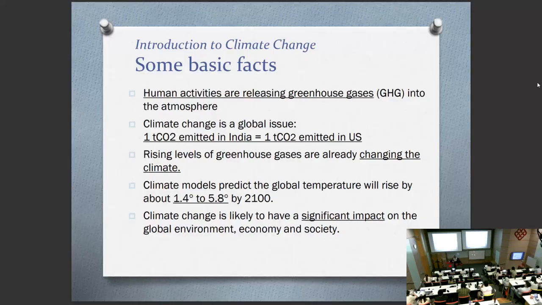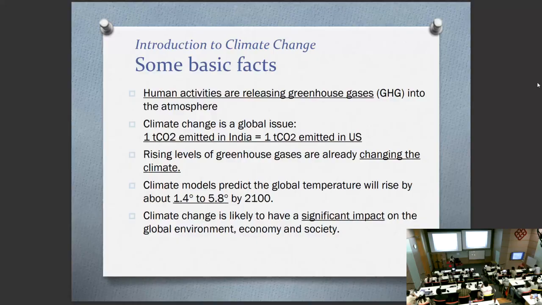If we continue our current policy, then by 2100 we may be approaching a 4 or 5 degree rise in global temperature. But if we enforce more carbon mitigation, then maybe we can still limit the temperature rise to 2 degrees. We will learn more about these in the coming slides.